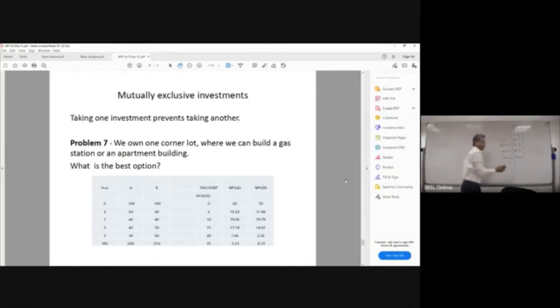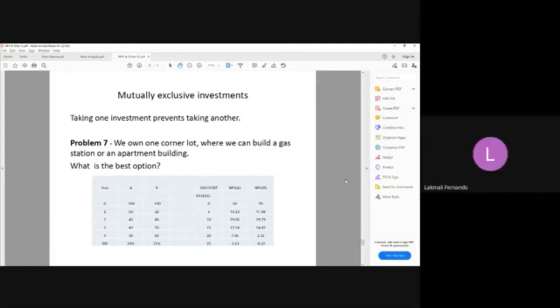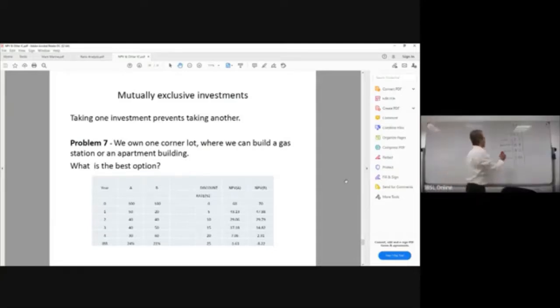So A. Based on IRR alone, it is A. But I'm going to explain to you, A is not the best all the time. A on IRR is better, but we have to see our requirement. What is our required rate of return?